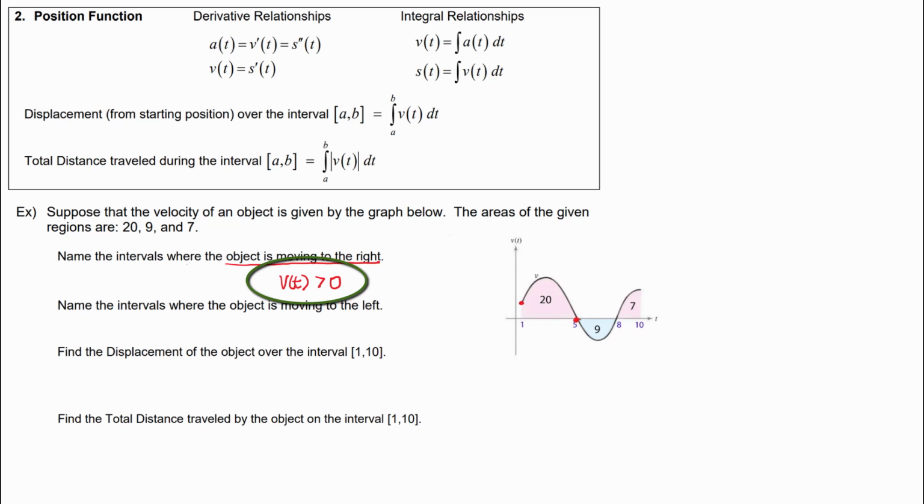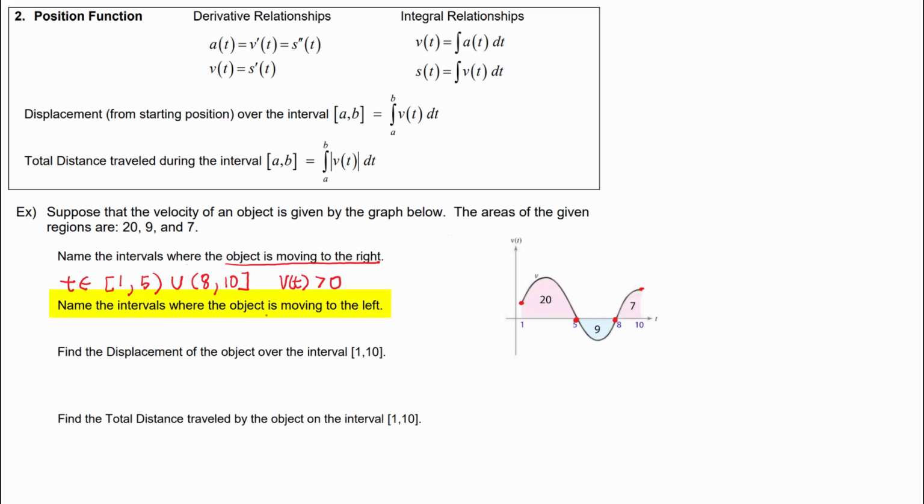So that doesn't count since it is 0. So that's when t belongs to 1 second to 5 second, but 5 is not included. Union. Now v of 8 is 0, but as soon as t is bigger than 8, it is positive. So it is 8 to 10. And 10 is included because you can see v of 10 is right here, which is a positive value.